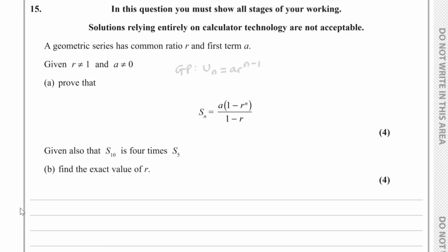And if we use that, for part A of the question, our first term, when n is equal to 1, we have a times by r to the power of 1 minus 1. So we have a times by r to the 0. R to the 0 is simply 1, so we have a times by 1, which is a.